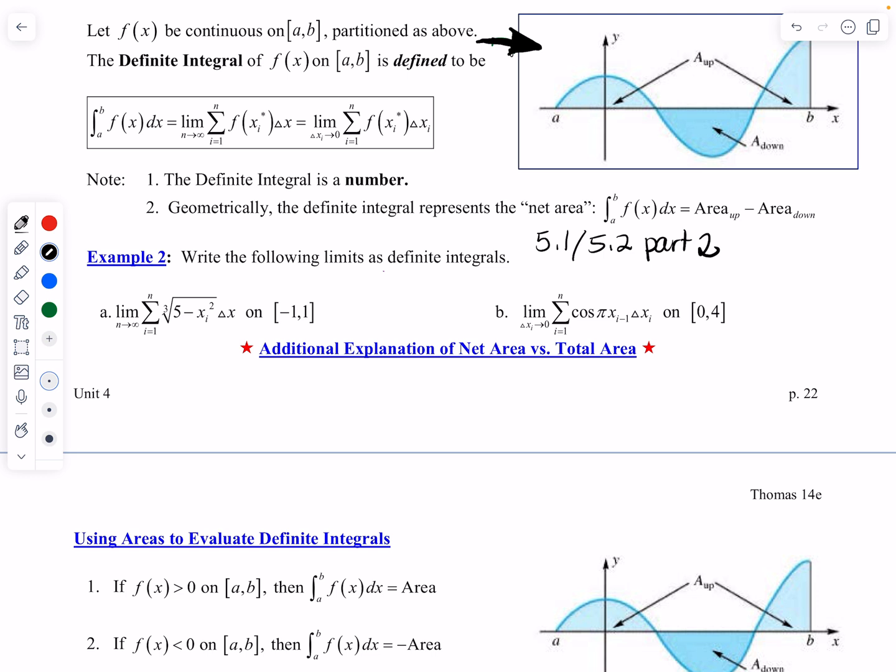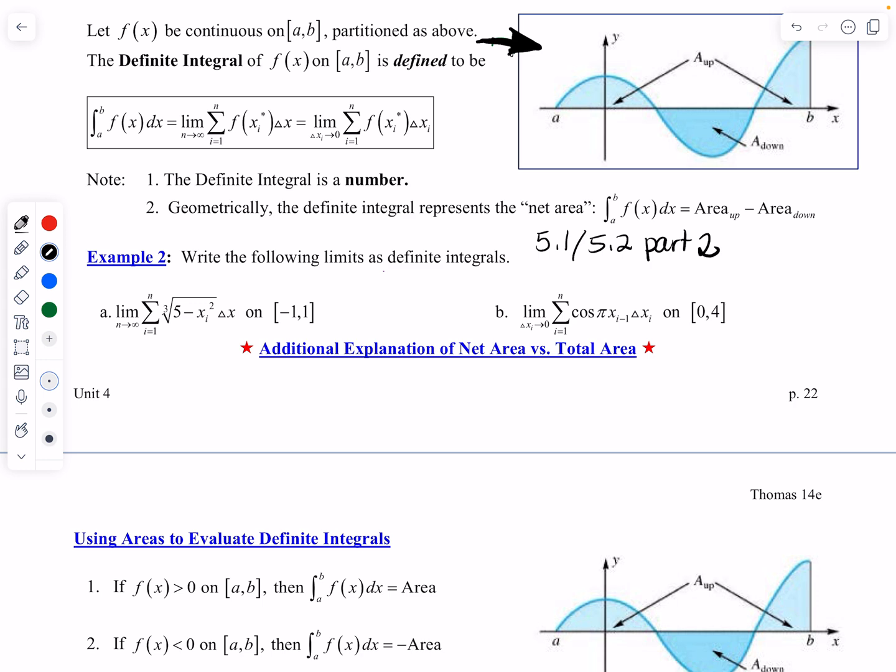So let's go ahead and look at example number 2. Write the following limit as a definite integral. So the limit as n approaches infinity of the sum from i = 1 to n of the cube root of 5 minus x sub i squared delta x on the interval from -1 to 1.